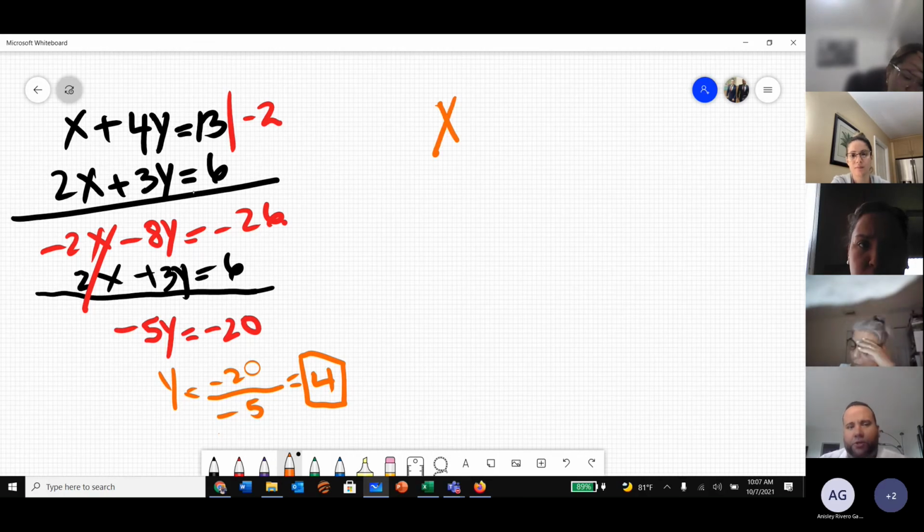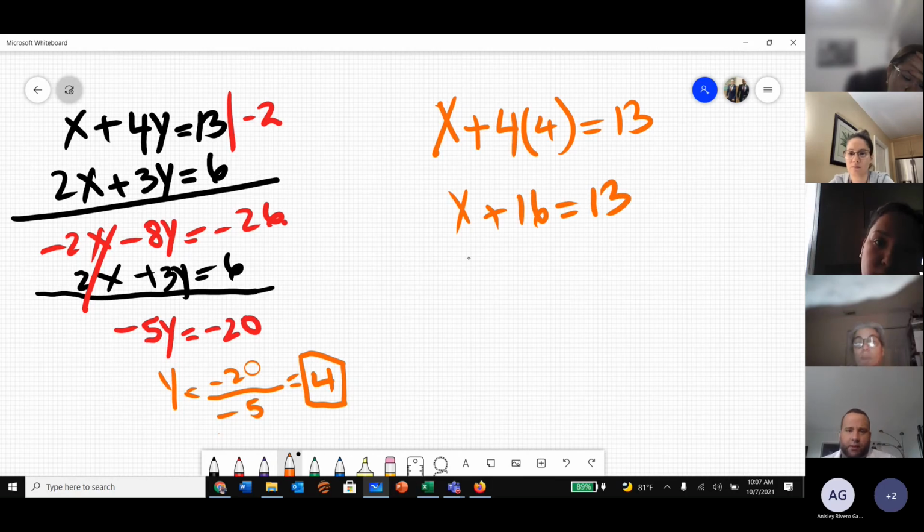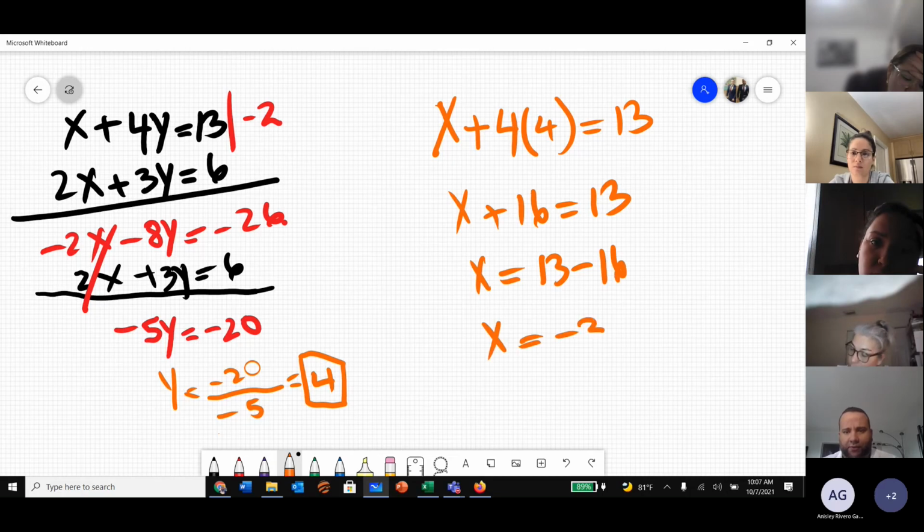But whatever equation you take, the solution is the same. x plus 4 times the value of y, which is 4, equals 13. And then you have x plus 16 equals 13. x is equal to 13 minus 16. Then x is equal to -3.